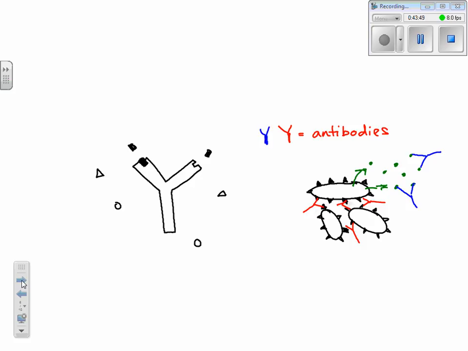Okay, so the green bits there, I should make it clear what they are, shouldn't I? Those are toxins. That's the toxin. And that's a bacterium. And that, therefore, would be an antigen.